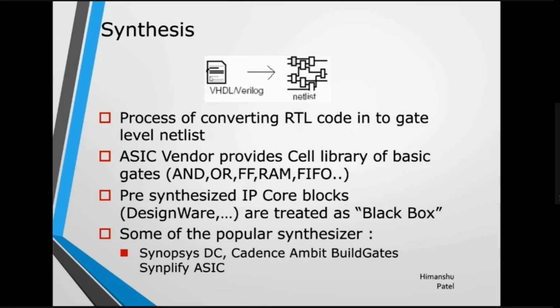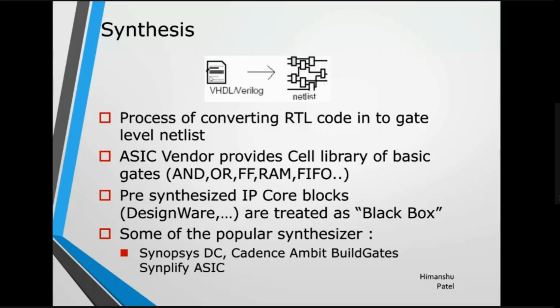If you are writing for a full adder or a half adder, you need all the gate libraries to convert into gate level. In RTL code, you will just write AND gate, OR gate, and all this stuff, but you need all these libraries for these gates.